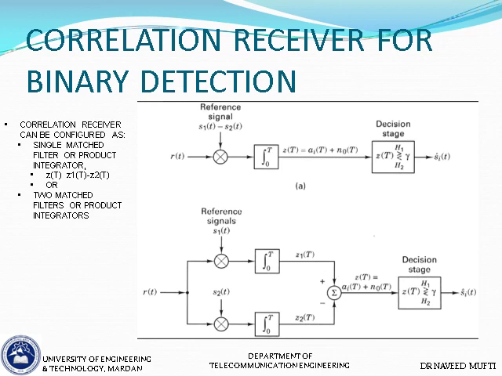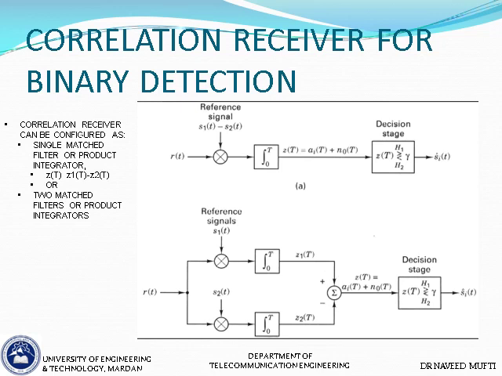Or we can have our correlation receiver configured as a single matched filter or a product integrator. When we are using a single correlator or product integrator, then instead of the specific individual signals acting as reference, the difference signal acts as our reference. Our received signal is multiplied by the difference signal, and then a decision is made on whether that is greater than the threshold or less than the threshold.